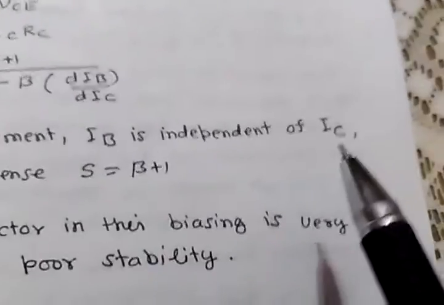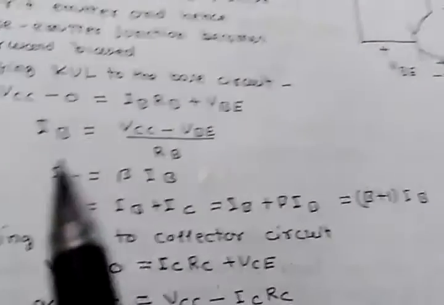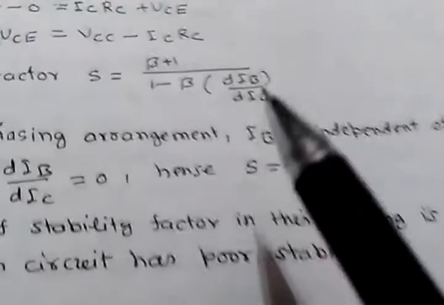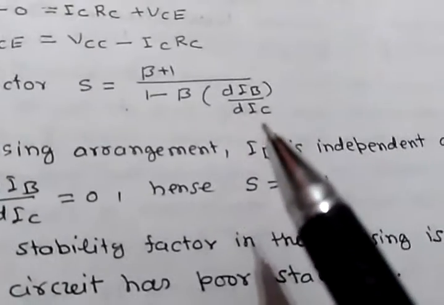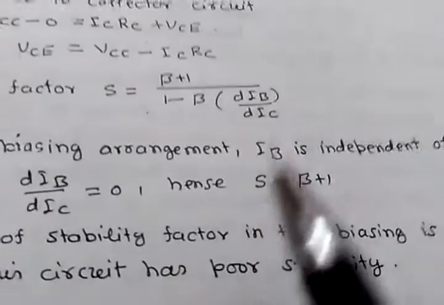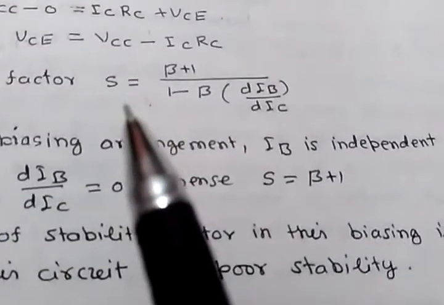In this biasing arrangement, IB is independent of IC. From this equation we can say IB is not dependent on IC, so this term dIB upon dIC will be 0. So we can write the stability factor S equals beta plus 1.